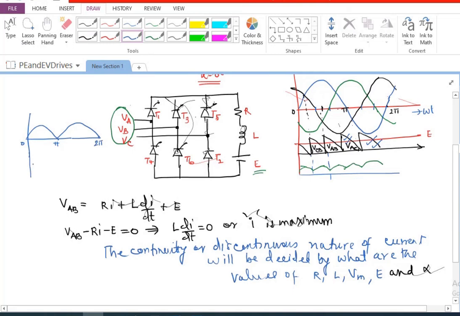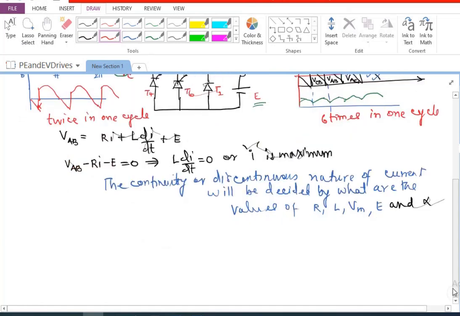Whereas if it is with SCRs, we are going to have the voltage only starting at some point which is corresponding to alpha, and it is going to go like this, and it will go into the negative side also and then jump up like this and go like this. This is the way I'm going to have the voltage. So the voltage gets replenished only once or twice in one cycle. So here it is only happening twice in one cycle, whereas here it is happening 6 times in one cycle.